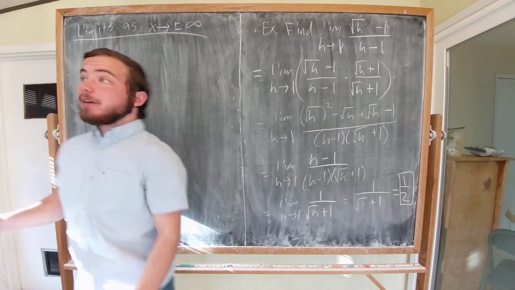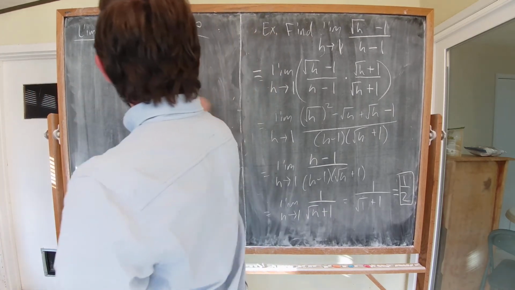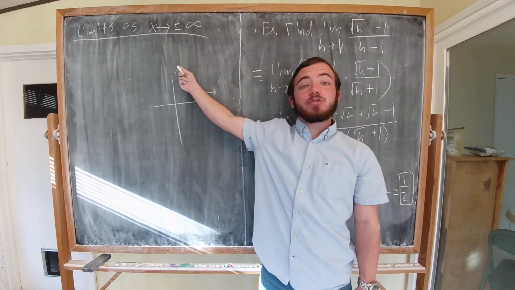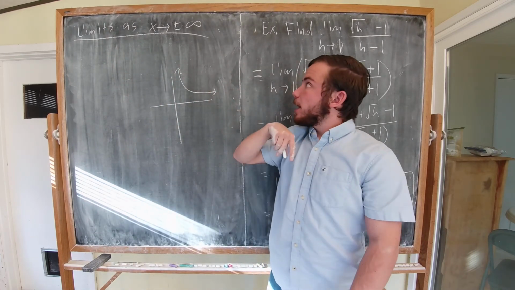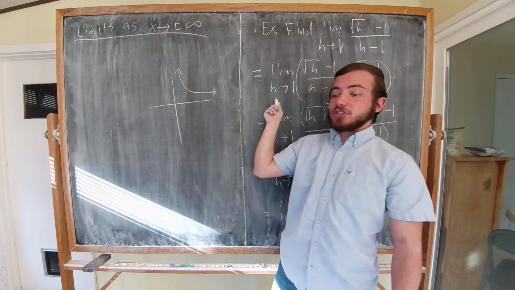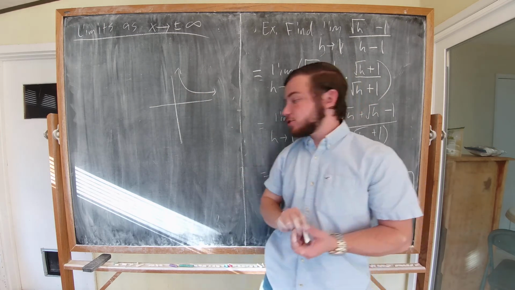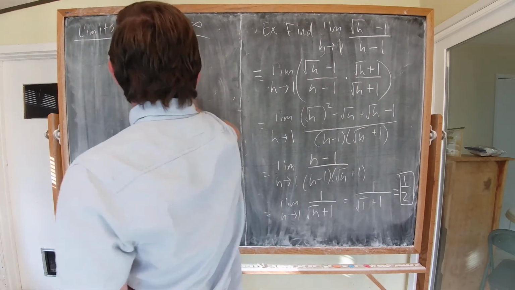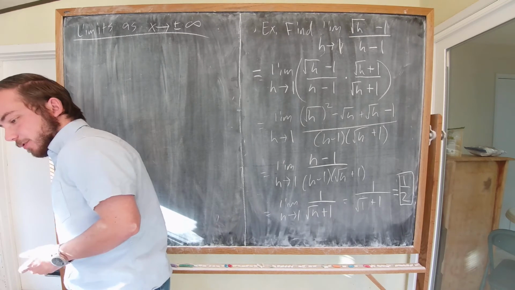I said that a limit of a function doesn't exist if the function shoots up towards infinity. But what if it's not the function shooting up? What if x is just getting really big? That we can actually deal with. In fact, you might have heard of that under the name horizontal asymptote before.